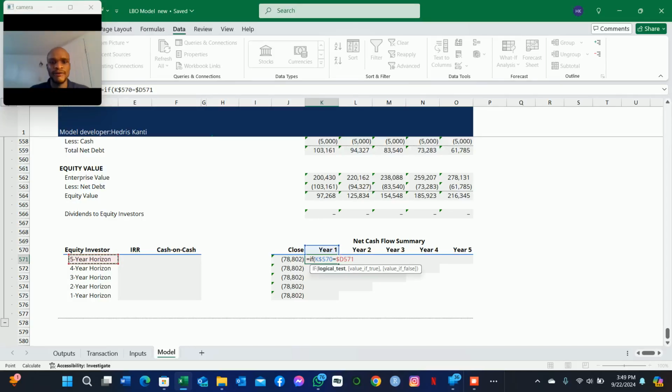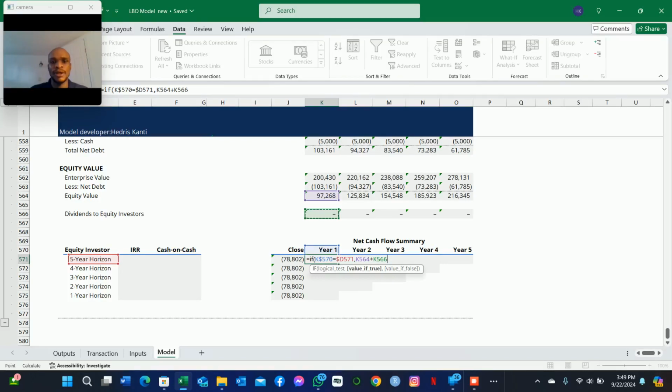If that year is equal to that fifth year or whatever the year is, what we want is to give us the equity value, which we calculated here, plus the cash flows they receive in case they receive any dividends.